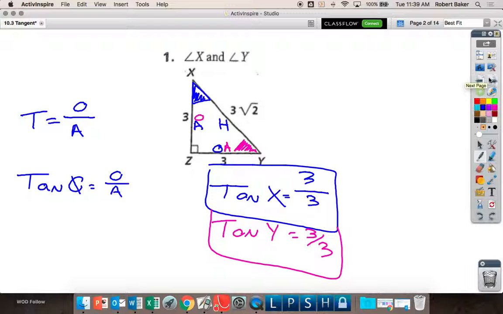So if I know that this angle is 45 degrees, the tangent of 45 would be equal to opposite over adjacent, or tangent of 45 equals 1. You just know. So the tangent of 45 is 1.